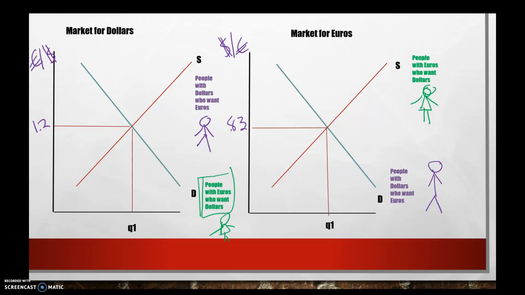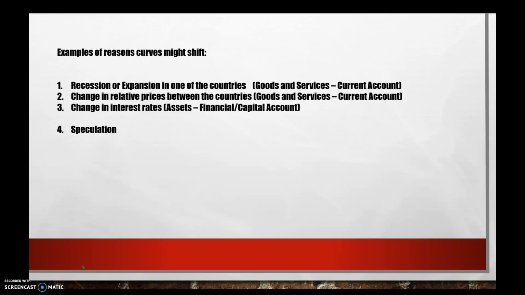So that suggests that anything that changes the desire for goods and services and assets will cause a curve to shift. Now we don't have 5 or 6 or 7 determinants the way we did with the demand and supply for products. But what we do have is some fairly major categories.